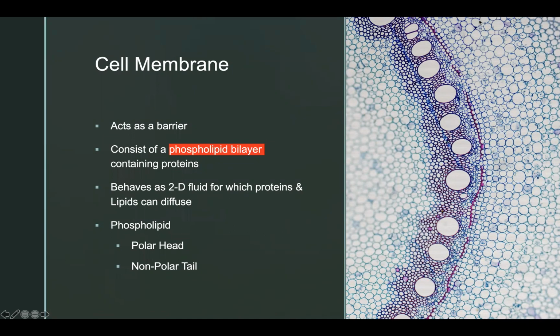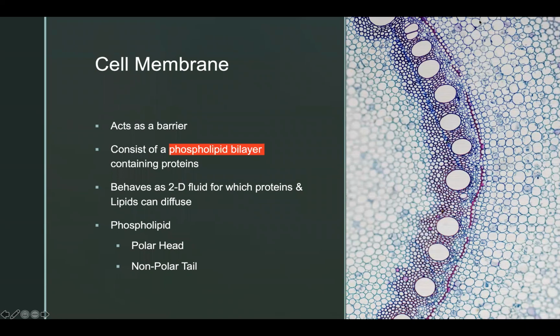And so the major component of this phospholipid bilayer that our membrane is arranged in is the phospholipid, all right? You need to write this down. This phospholipid is a very important structure. It's a type of lipid. It's a special type of lipid that has this head-tail arrangement, all right?